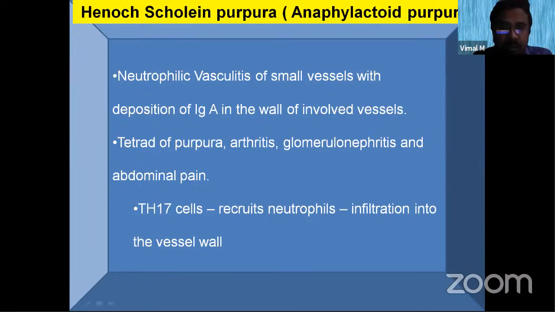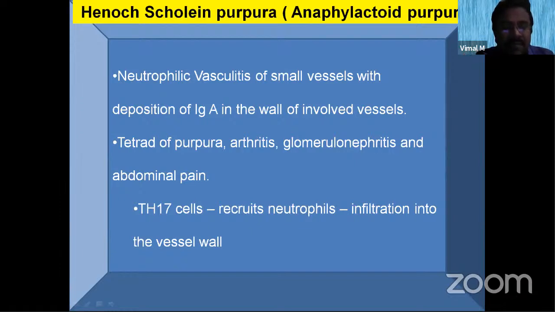Henoch-Schonlein purpura is otherwise called anaphylactoid purpura. It is a neutrophilic vasculitis of small vessels with the deposition of IgA in the wall of involved vessels. It is a vasculitis, that is inflammation of the vessels, and the infiltrate is predominantly neutrophils, with deposition of immunoglobulin A around the involved vessels.